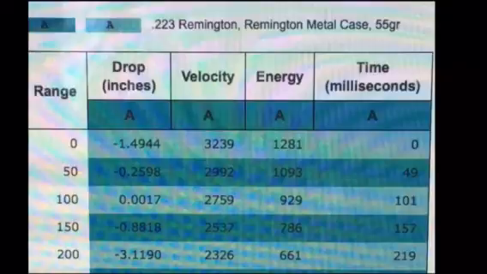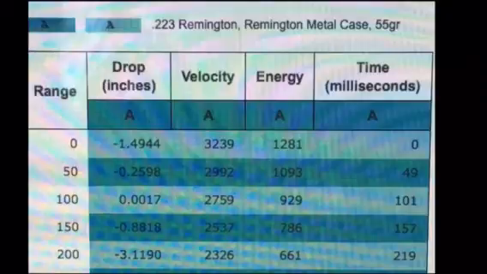Instead of saying 219 milliseconds, because the formula we looked at earlier with T in it has T in seconds, we're going to call that 0.219 seconds. 219 one-thousandths of a second, because a millisecond is a thousandth of a second.